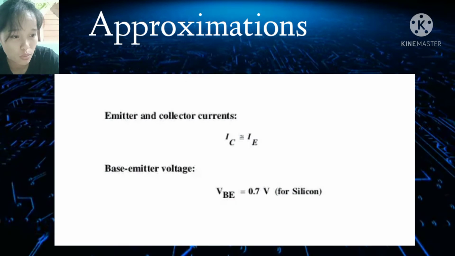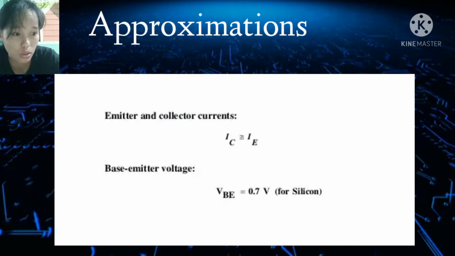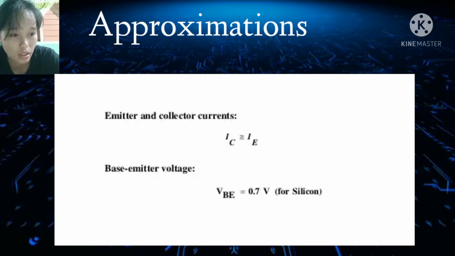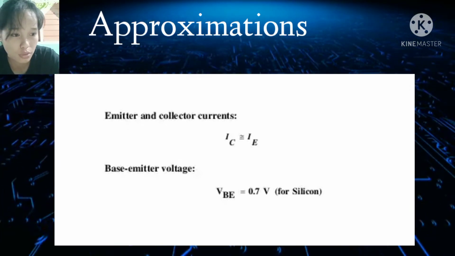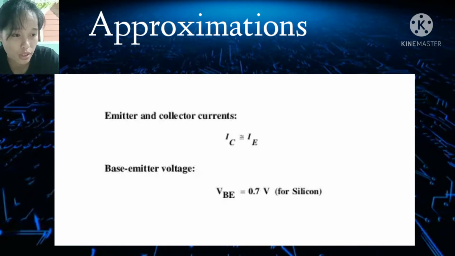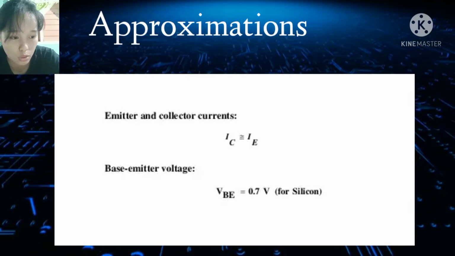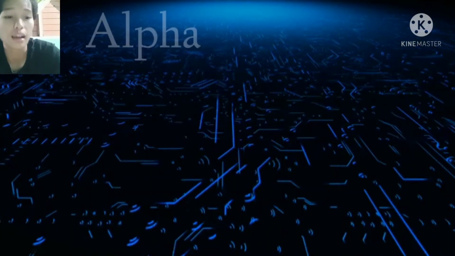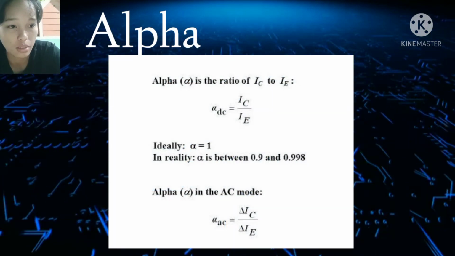Approximations. The collector current is approximately equal to the emitter current, and the base-emitter voltage for silicon is 0.7 volts. Alpha is the ratio of the collector current to the emitter current.